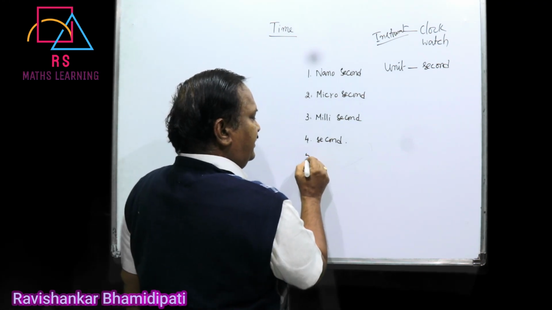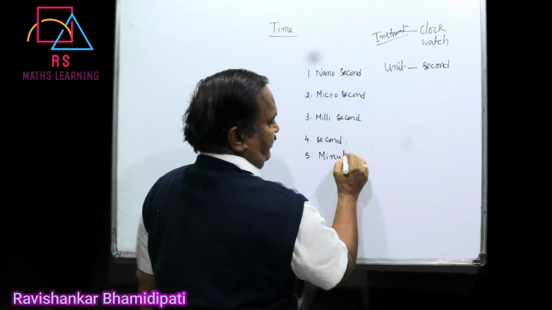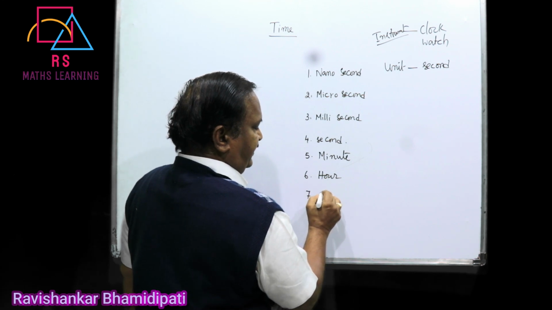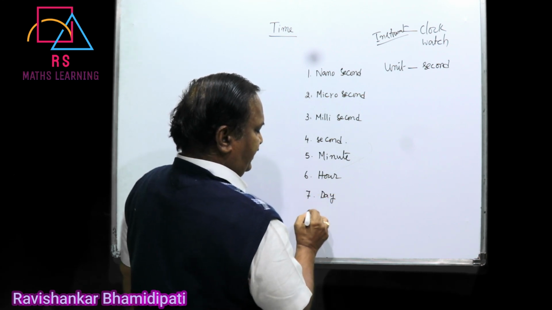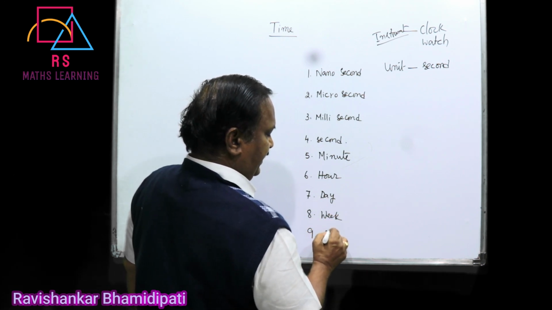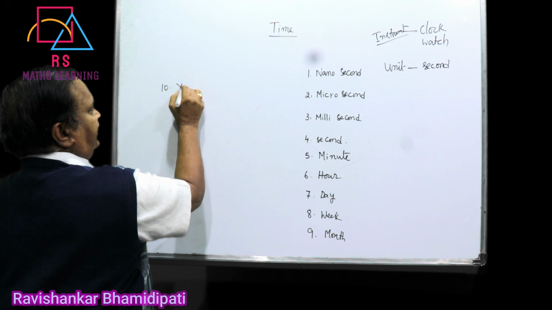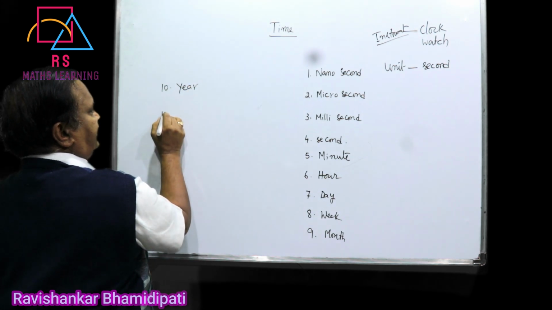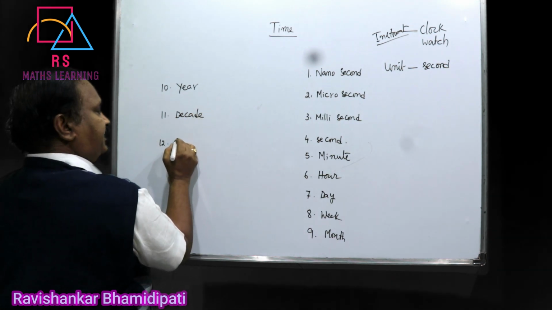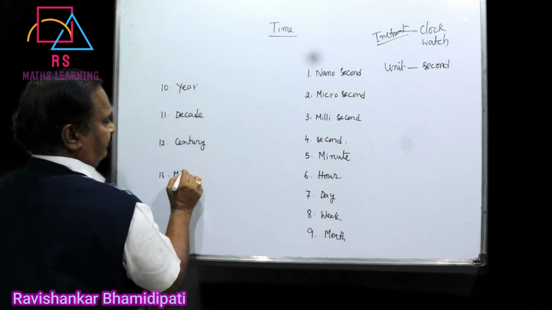So the next unit is minute, and the next unit is hour, and the next unit is day, and the next unit is week, and the next unit is month, and the next unit is year, next is decade, and the next is century, and next is millennium.